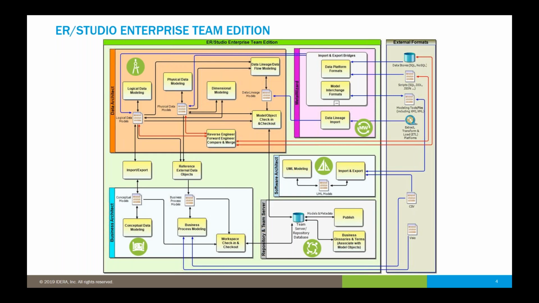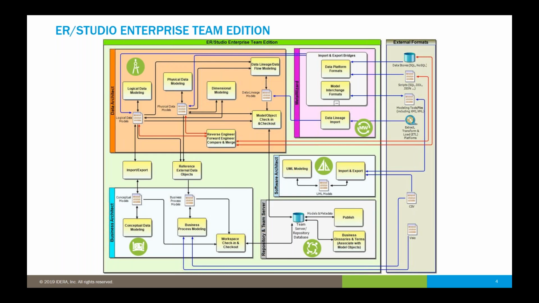So obviously, logical models will derive from the conceptual models, but then of course, ultimately we want to get through to the point where we're actually doing physical data models for implementation. And that includes dimensional models, both at the logical and physical levels as well. And also the ability to do things like visually map and model data lineage and data flow modeling, such as the sources, the targets, and the transformations in between them as well. In conjunction with that, we have a lot of physical databases that we support in the product, and also NoSQL data stores.